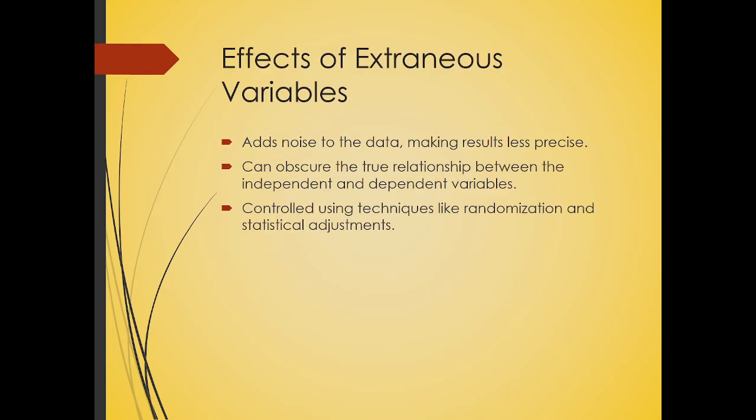Now, let's look at the effect of extraneous variables. They add noise to the data, making our results less precise. So whenever you are carrying out your research, you must be very careful to ensure that you are mindful of variables that are extraneous, that are not in your work, but affect the result of your work, because they can make the result less precise.